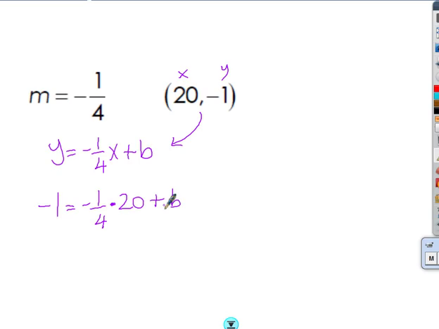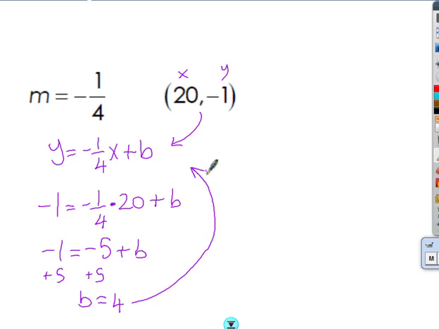And we can find 1/4 of 20, which is 5. I'll have -1 is equal to -5 plus b. Add 5 to each side. Then b is equal to +4. Once you find the b, we can rewrite equation in y is equal to -1/4 x plus 4 as our final answer.